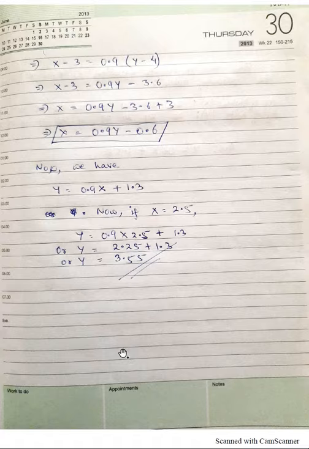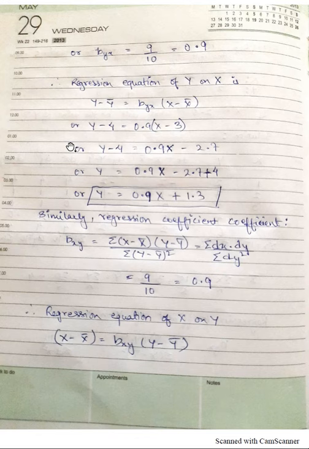We put them in and we get the equation, that is x minus 3 is equal to 0.9 into y minus 4, or x minus 3 is equal to 0.9y minus 3.6, or x is equal to 0.9y minus 3.6 plus 3, or x is equal to 0.9y minus 0.6. This here gives the regression equation of x on y.